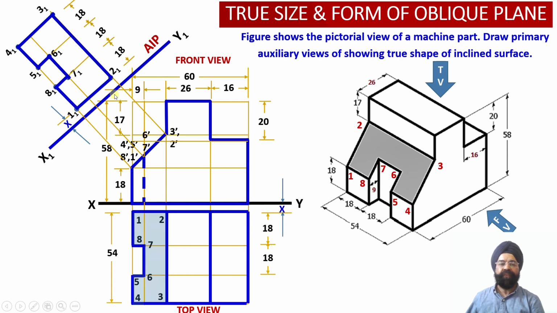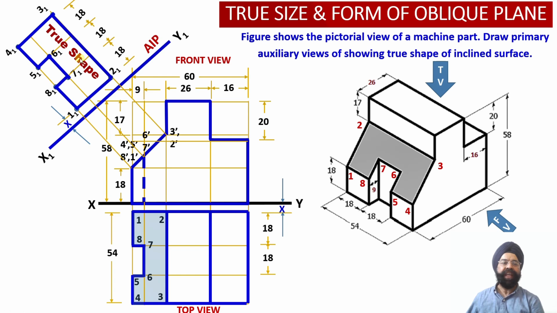And since we had drawn this auxiliary inclined plane parallel to this edge view, the shape obtained over here corresponding to the shaded portion will represent the true shape of the cut inclined section surface of the solid.